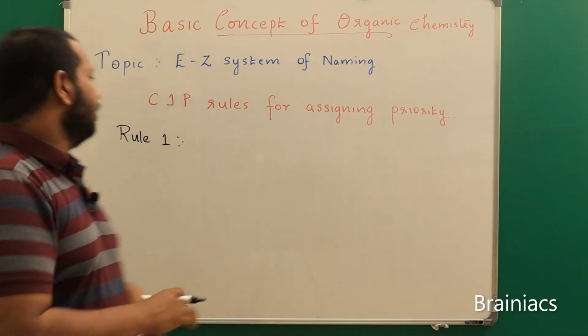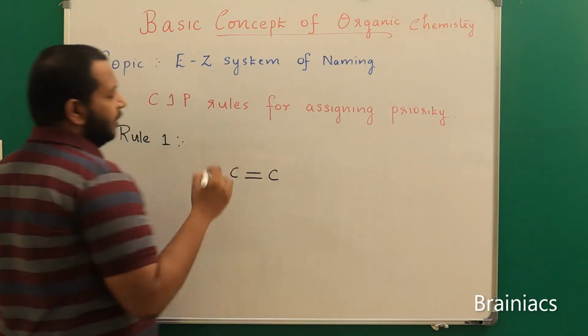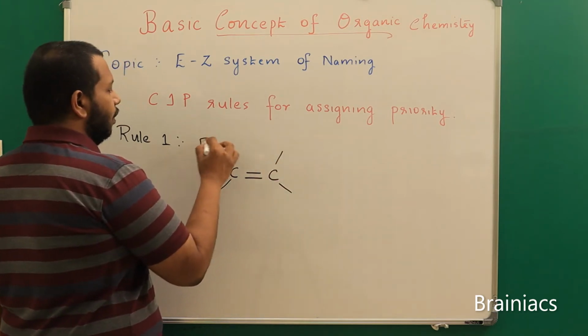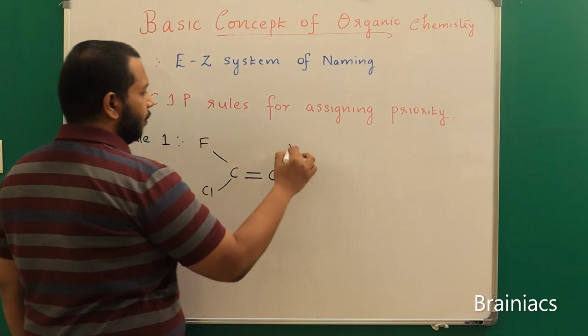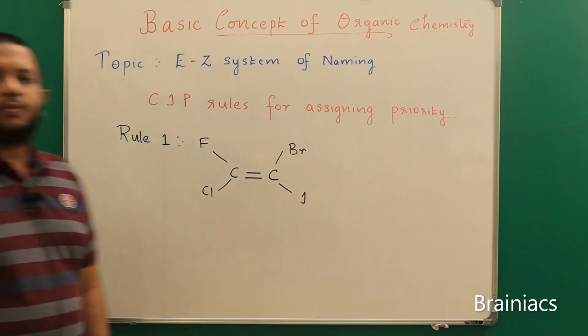For example, I have drawn one example, C double bond C, like this. Now into this I am connecting different atoms, for example fluorine, chlorine, bromine, iodine.